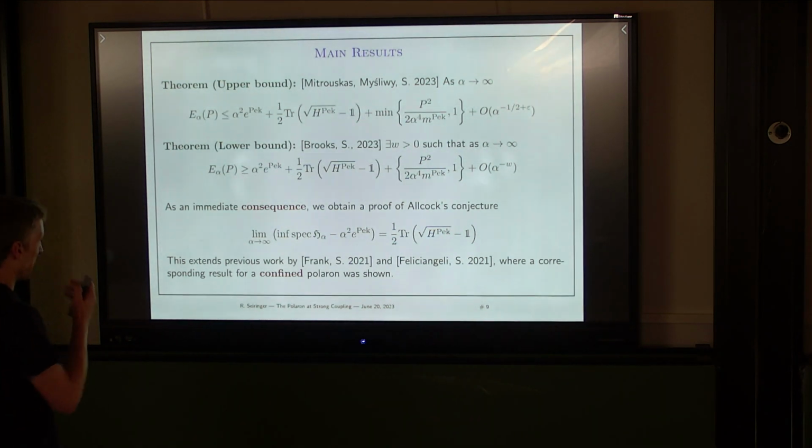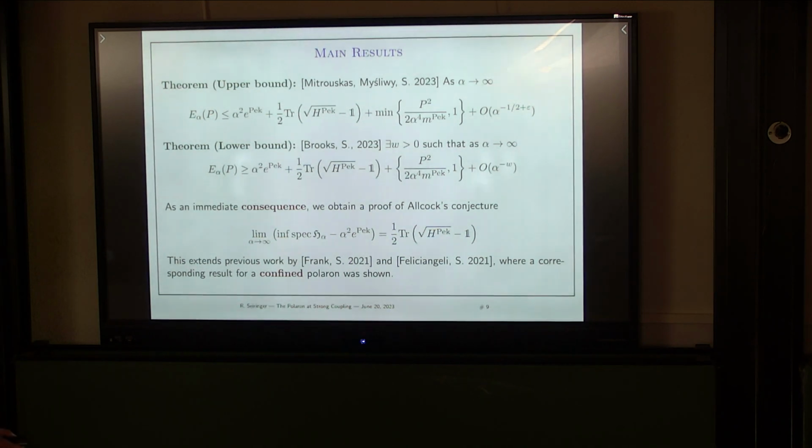I will not have time to say much about the proof, but let me just say that the complication comes from the fact that we really have to fix the total momentum. So we have to work, so to say, in this fiber picture, where we fix the total momentum. The classical picture emerges simply from an ansatz where you take a product ansatz, electron times field, and the field is in a coherent state. Now, this is not a state of fixed momentum.